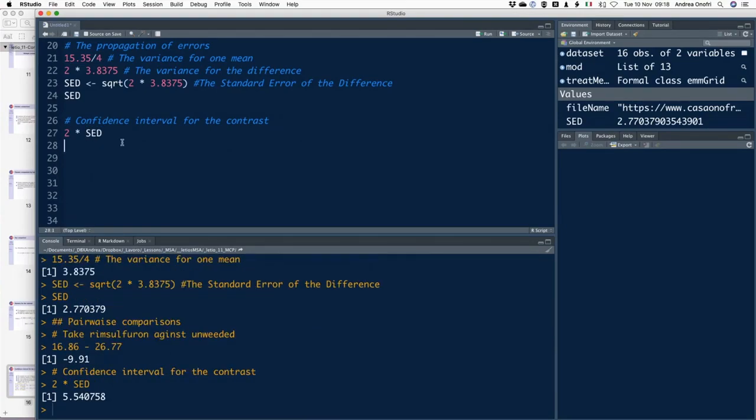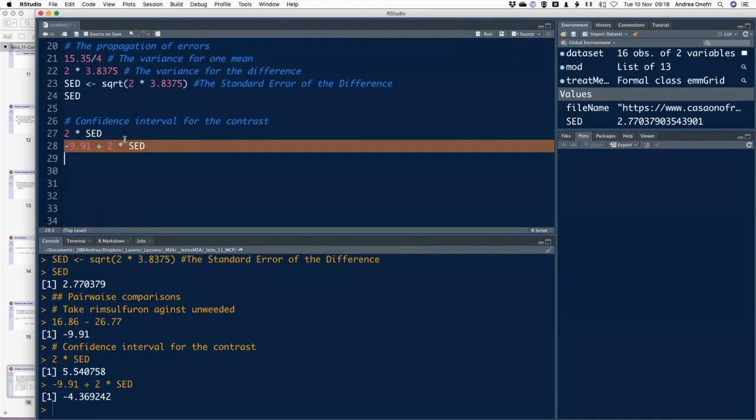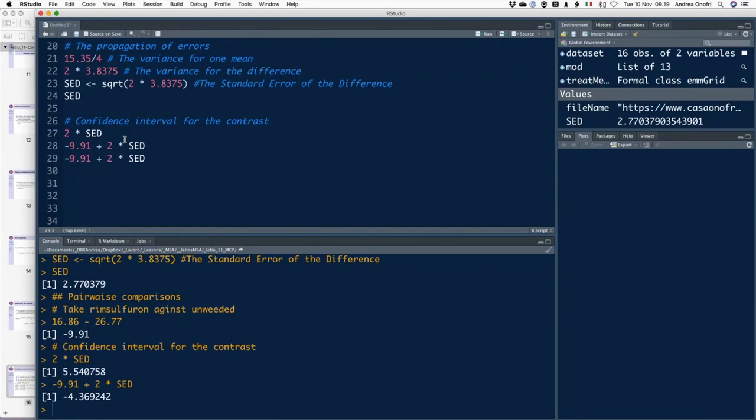So this tells us that the real mean goes from minus 9.91 plus twice the standard error, and minus 9.91 minus twice the standard error.